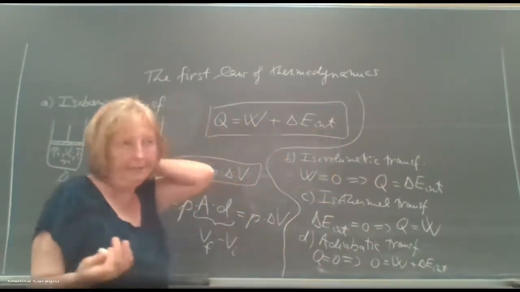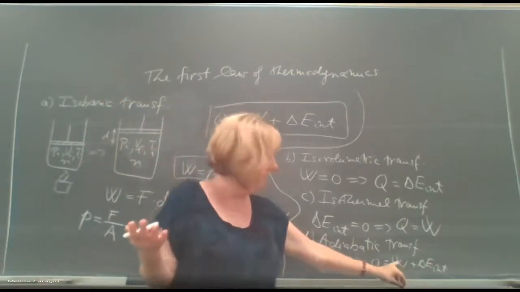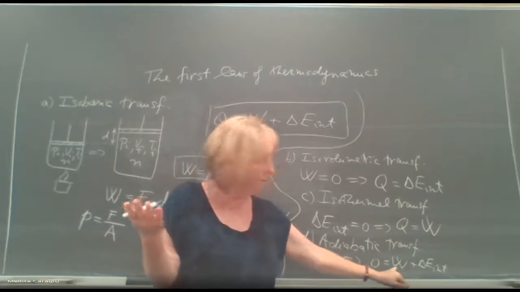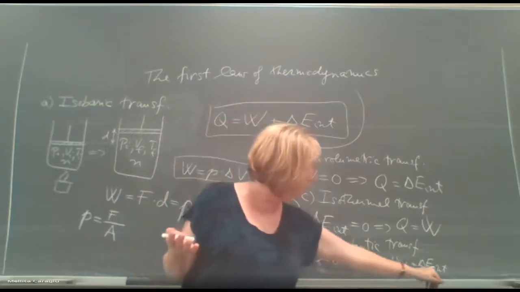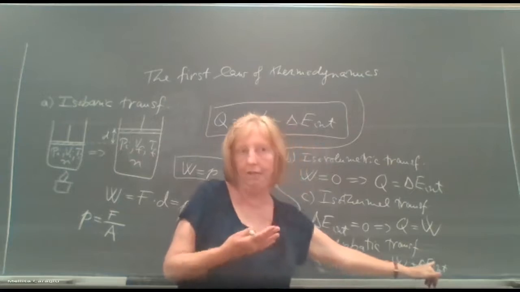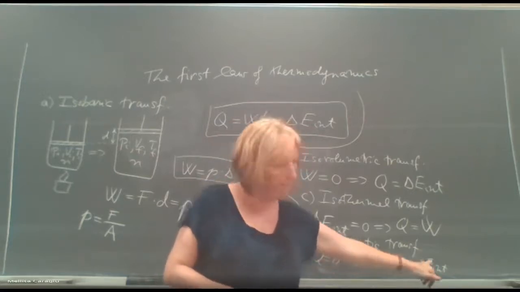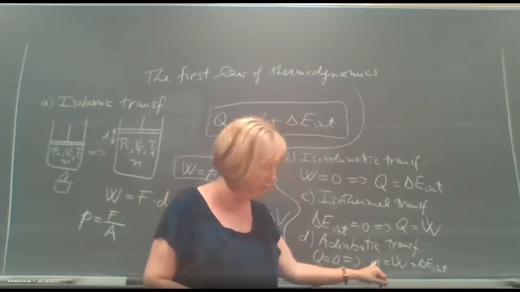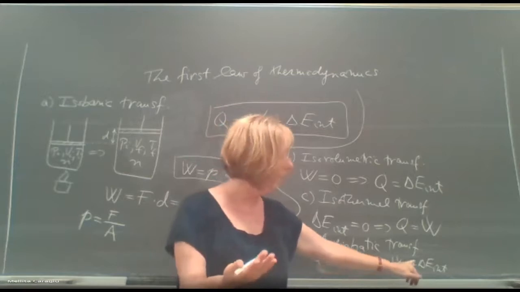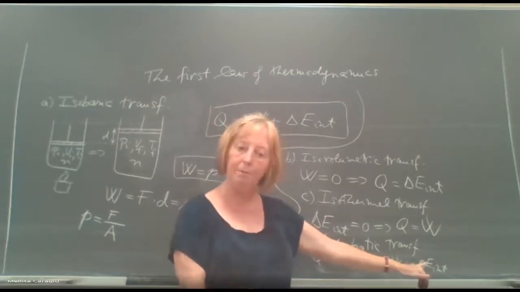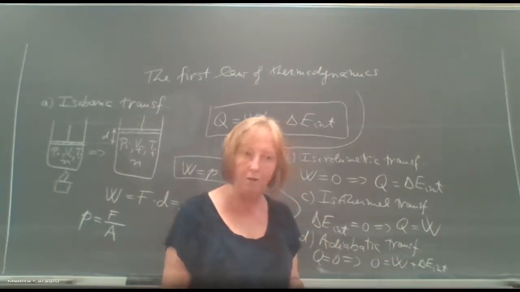And basically it says the following. So let's say that the gas does 500 joules of work. In order to have 0 here, that means the change in internal energy has to be minus 500 joules. So that 500 minus 500 gives a 0. So again, the gas did 500 joules of work, and its internal energy basically decreases. Therefore, the gas cools off.